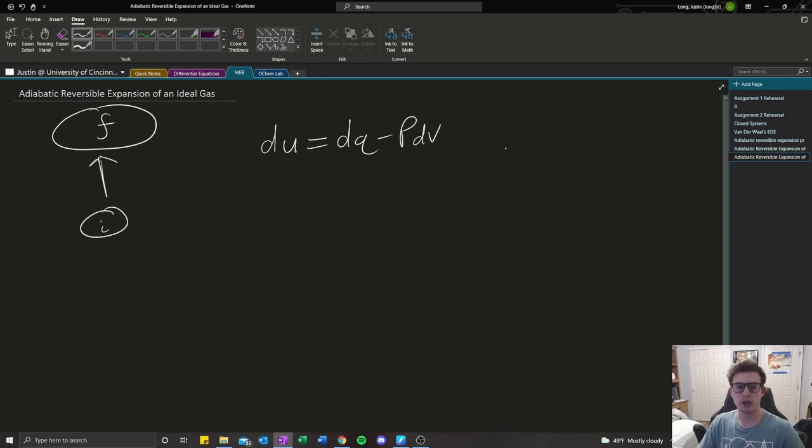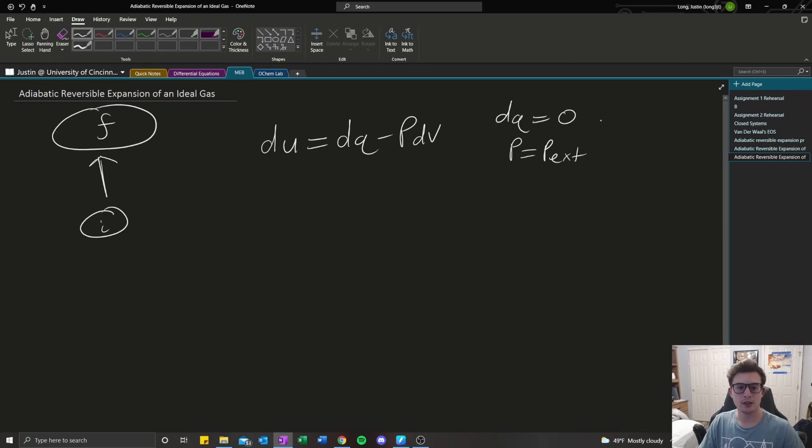And so we know a few things about this situation. We know it's adiabatic, so we know that dq, which is the change in heat, has to be equal to 0. And because it's reversible, we know that the pressure has to be equal to the pressure external to the situation.